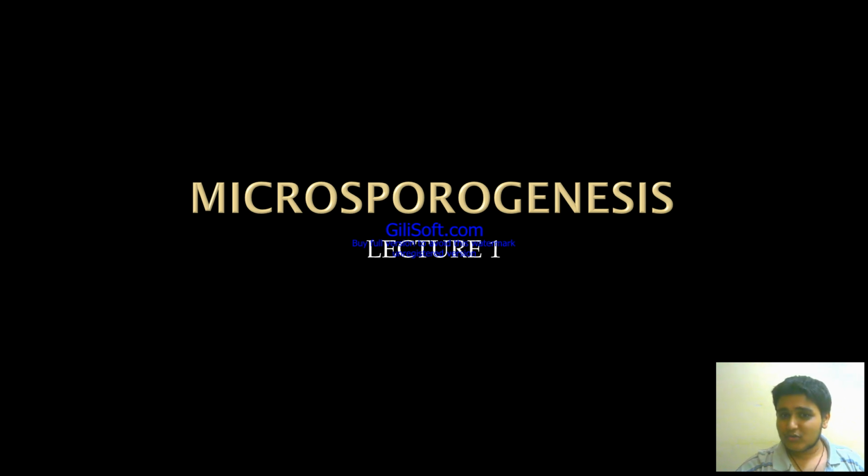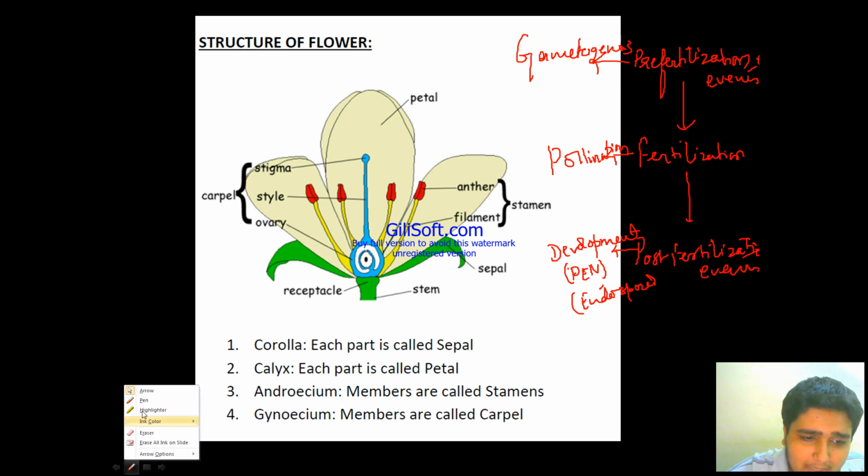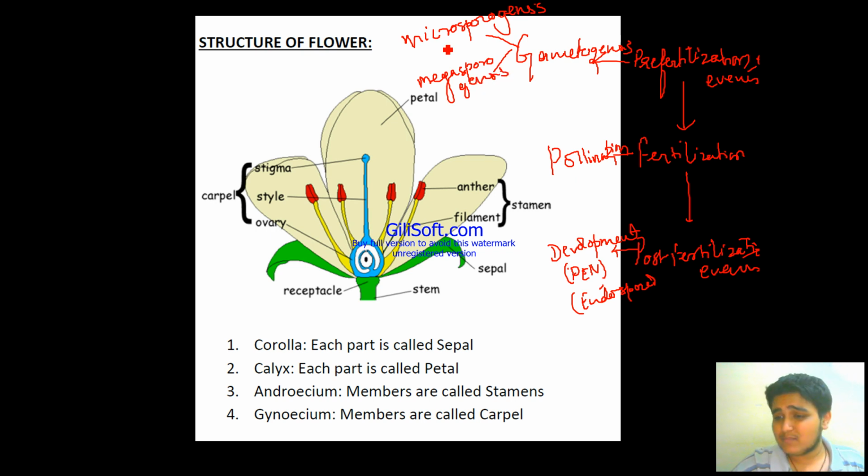And our first lecture is going to be on the very first aspect that we were talking about right over here, right? Gametogenesis. Now, gametogenesis has microsporogenesis and megasporogenesis. What is microspore?